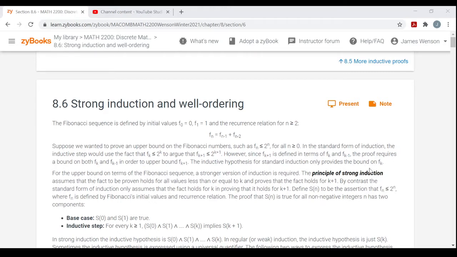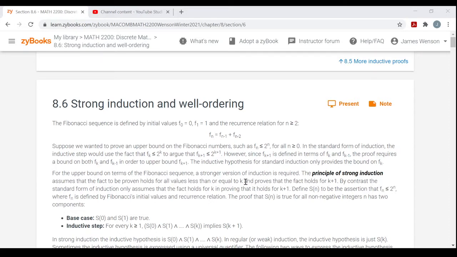The inductive hypothesis for standard induction only provides the bound on f sub k, not f sub k minus 1. So for the upper bound on terms of the Fibonacci sequence, a stronger version of induction is required. The principle of strong induction assumes that the fact to be proven holds for all values less than or equal to k, and proves that the fact then holds for k plus 1.